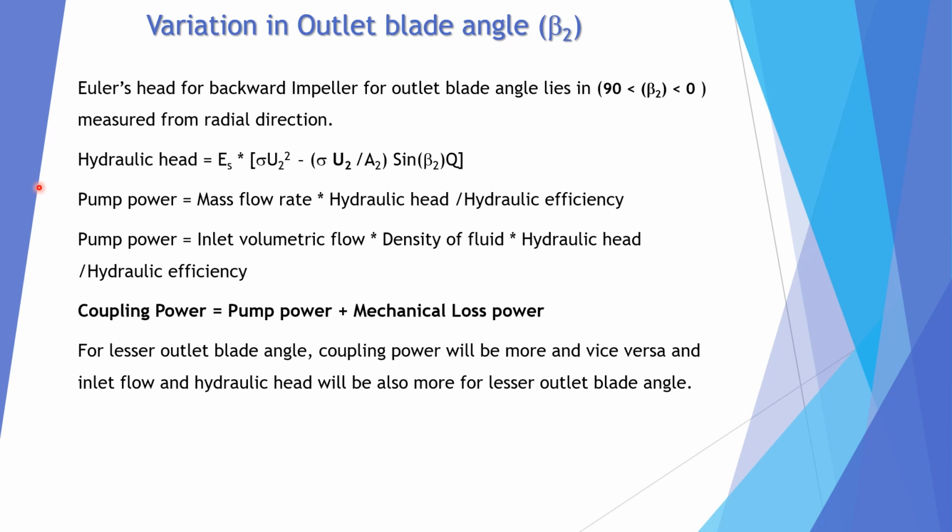So pump power can further be written as inlet volumetric flow into density of fluid into hydraulic head upon hydraulic efficiency. Coupling power is equal to pump power plus mechanical loss power. For lesser outlet blade angle, coupling power will be more and vice versa, and for inlet flow, hydraulic head will also be more for lesser outlet blade angle.